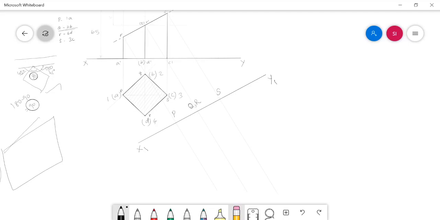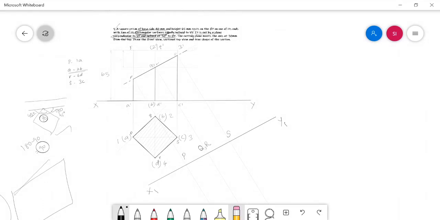See here, in the front and top view we have marked PQRS. In the front view we have PQRS, in the top view also we have PQRS, but from the top view only you have to measure the distance between a particular cut point and the XY line. Now we are going to draw the true shape of the section, so you have to take the distance from the sectional top view.